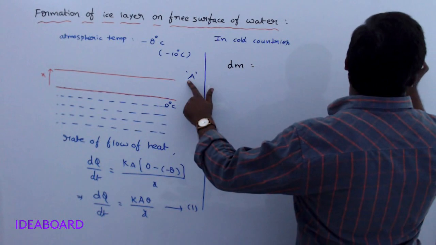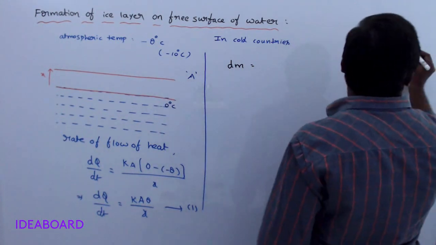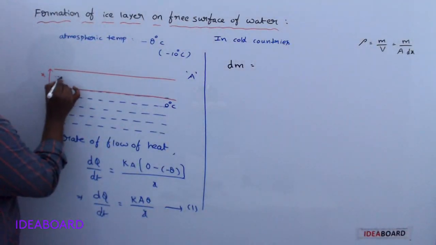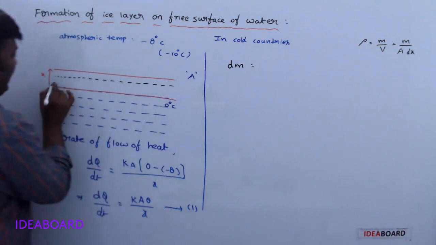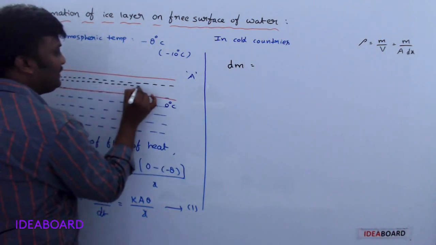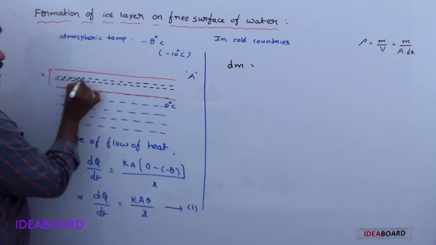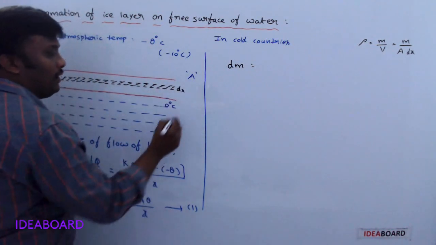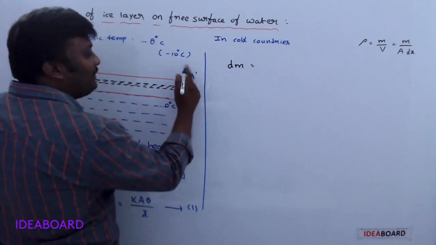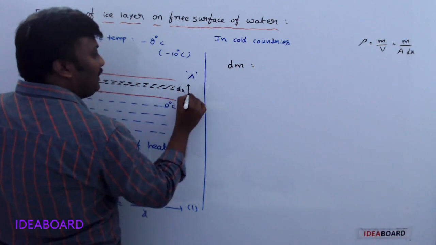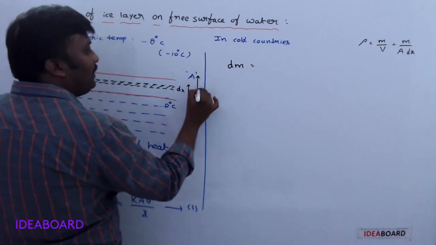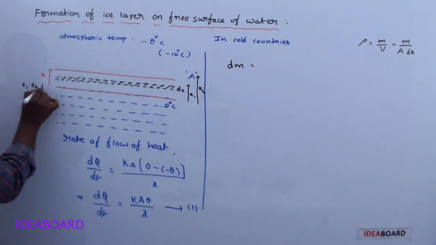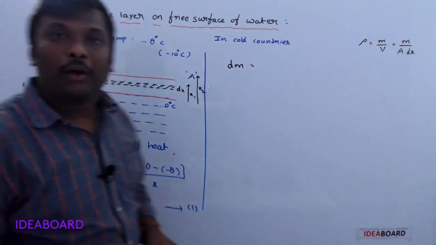Volume is A into the total thickness x, but I would like to consider a small portion with thickness delta x or dx. Now I would like to increase the thickness of this ice layer from x1 to x2 within the time t1 to t2.